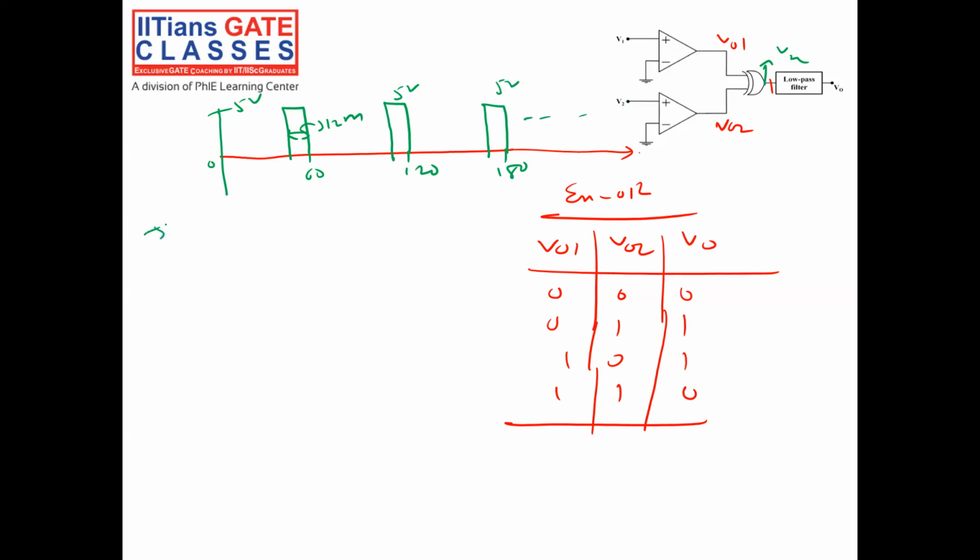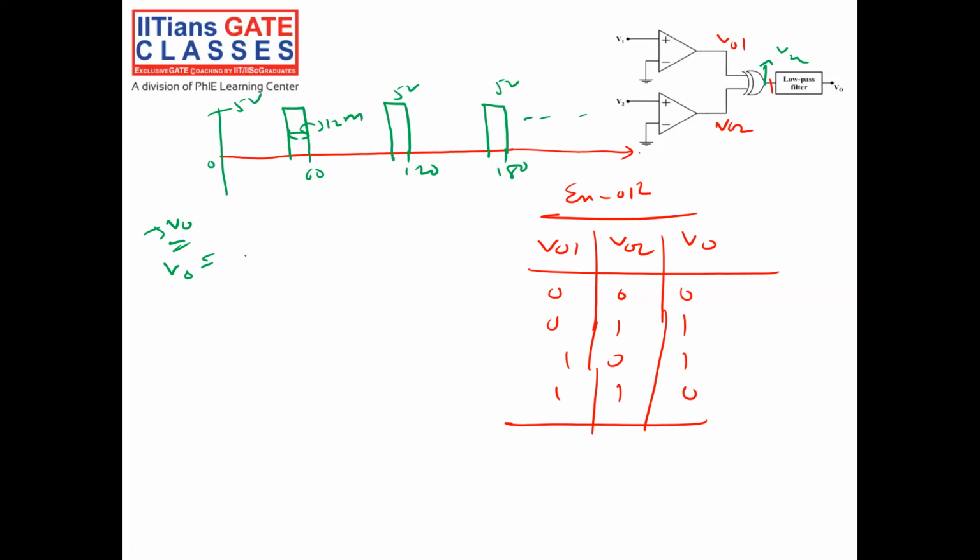Then what is V0? When we have a rectangular pulse like this, V0 will consist of DC plus A1 sin F1t, the fundamental frequency component, plus A2 component, and so on.